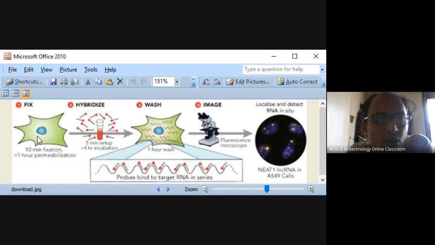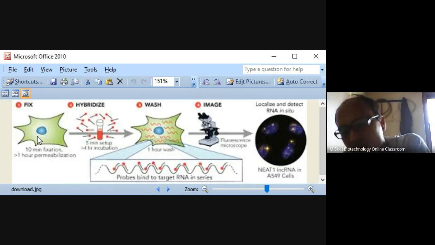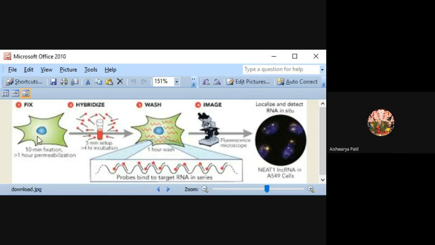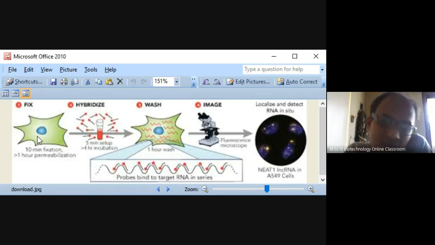During the whole procedure the cell is not lysed and the DNA is not extracted. It is done within the cell only. At the end the cell is killed because the chromosome has been denatured in the cell itself. So this is a destructive method of analysis. Okay.